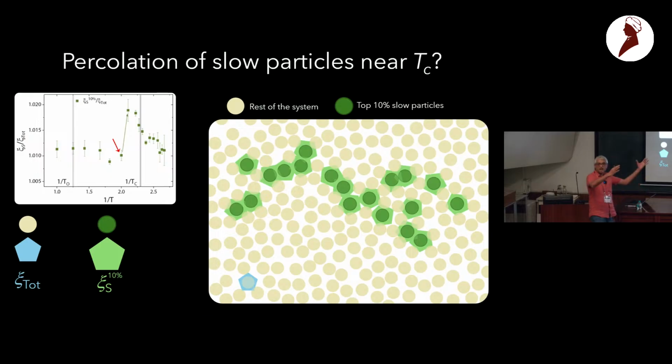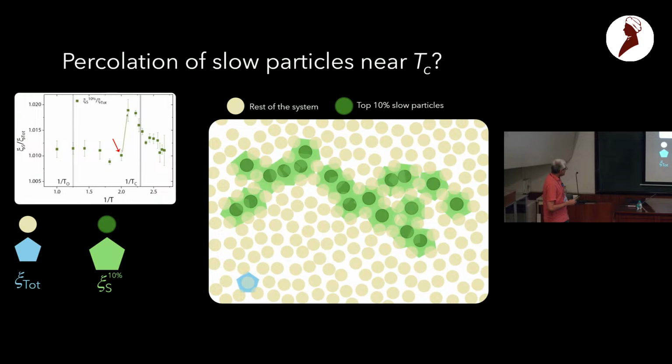They're kind of large, and we are at the verge of where the step is going to happen. When you cool the system further, these blobs, it's not the particles, have an associated structure, which is the correlation length. These blobs are going to talk to each other, and that gives you this sort of percolation thing happening. And it's probably consistent with what's being said in these other studies as well, by Epe.